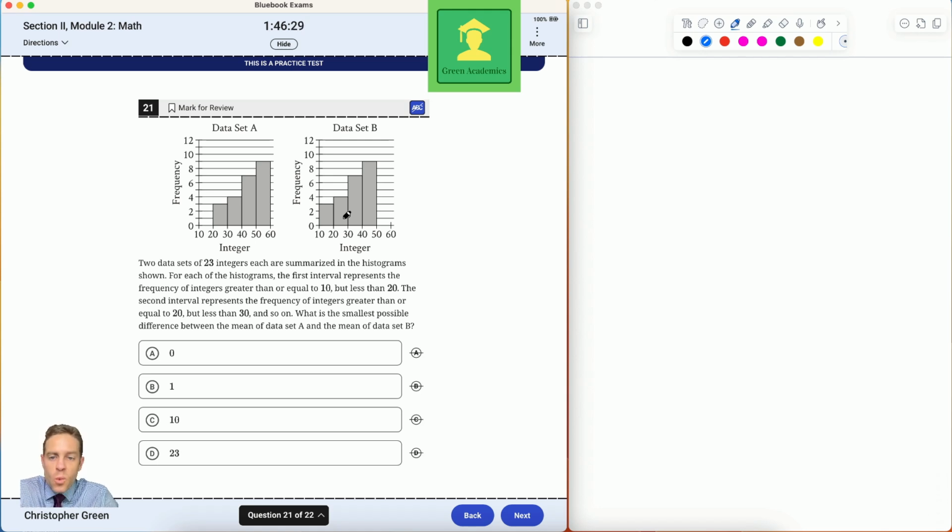What is the smallest possible difference between the mean of data set A and the mean of data set B? Well, it looks like they simply slid the entire block over one chunk on the column settings.